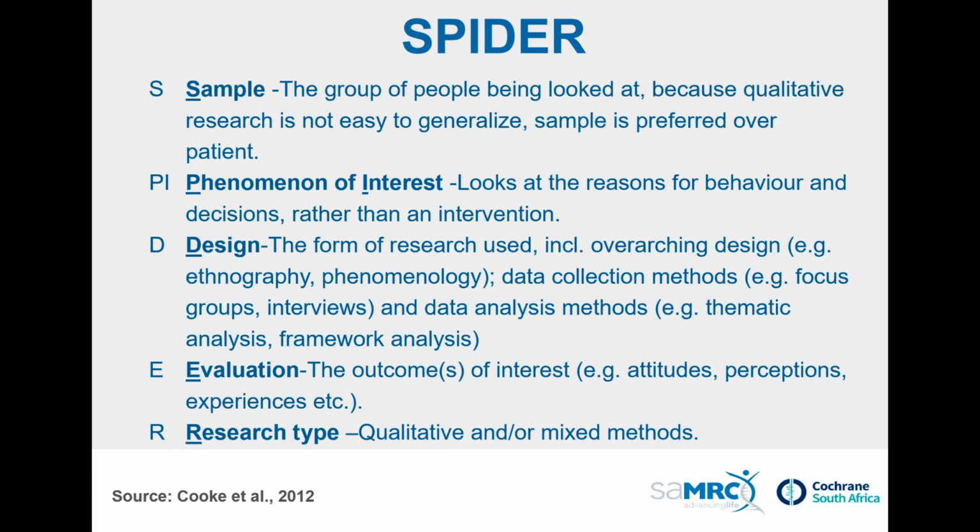We then have the design. So the design is really the form of qualitative research to be included in the review. And this can be broken down into the kind of overarching design of the studies. So for example, you're going to include ethnographies or phenomenological studies. It can then be broken down into smaller pieces, so the data collection methods. So for example, you might say you're only going to include studies that have focus groups or interviews or both.